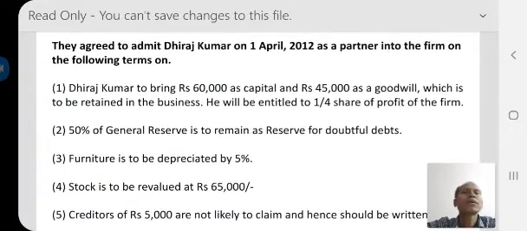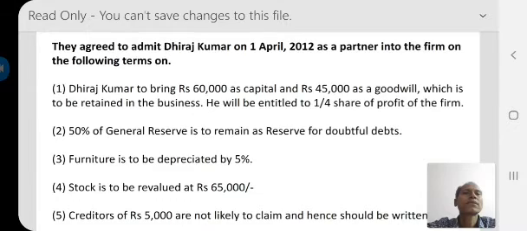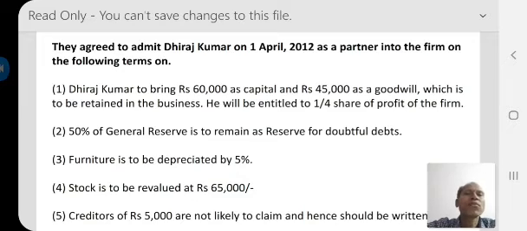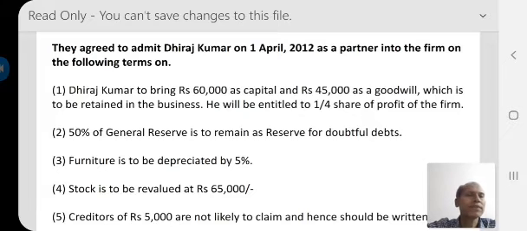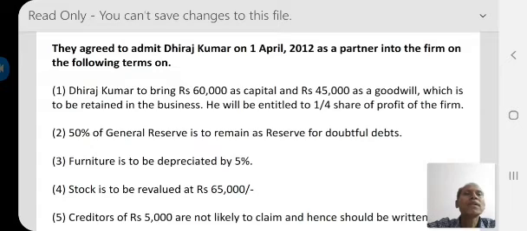So Dheeraj Kumar's 60,000 should be brought in the form of capital, and 45,000 as goodwill. So these two entries are met. This goodwill is to be retained in the business. So all the partners are not entitled to withdraw the amount of 45,000.